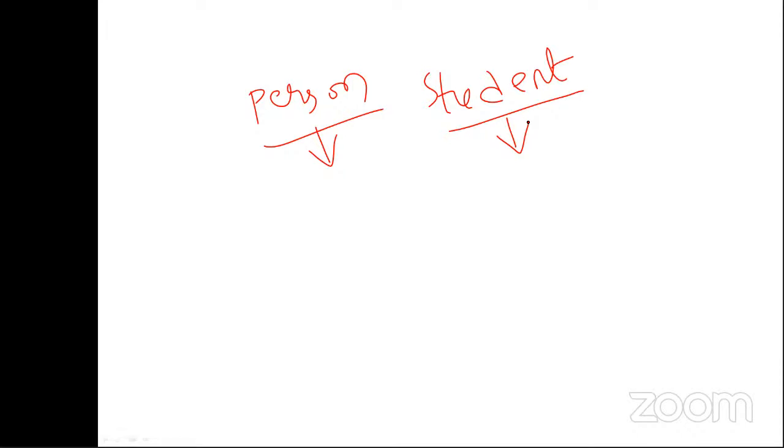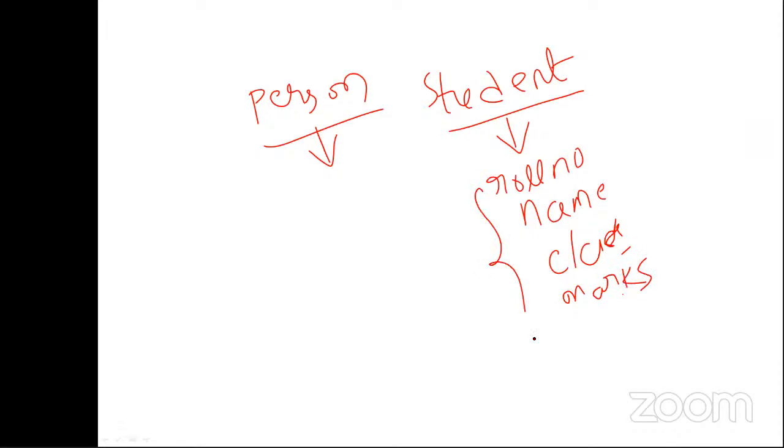For that, I'm going to make one class. A student has some properties of his own, to identify the student: his roll number, his name, his class, and whatever marks he got. These are the properties.